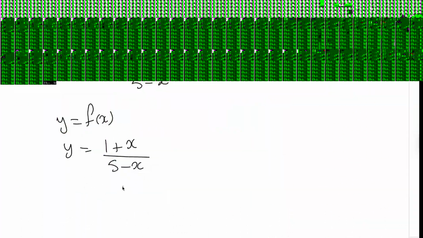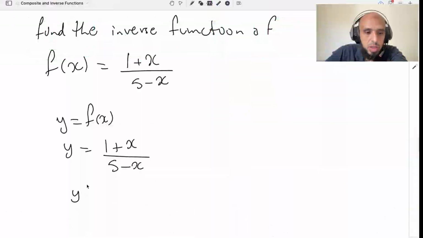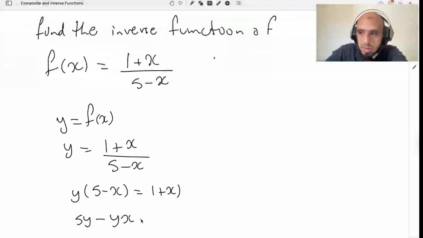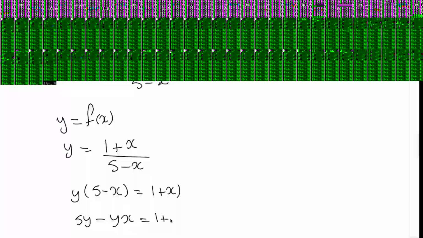We make a cross multiplication, so y times 5 minus x equals 1 plus x, and we expand it, so 5y minus yx equals 1 plus x.